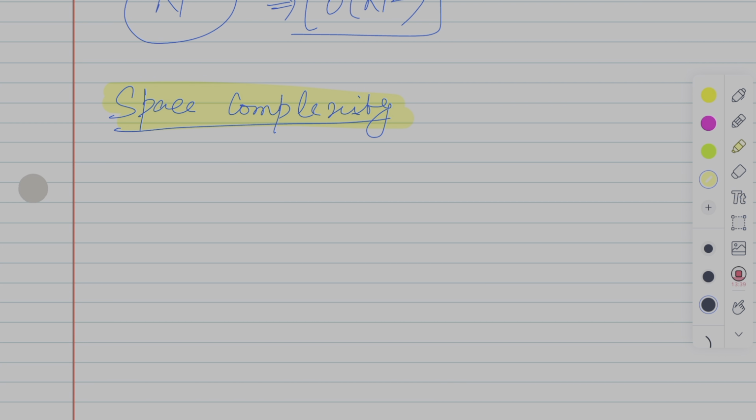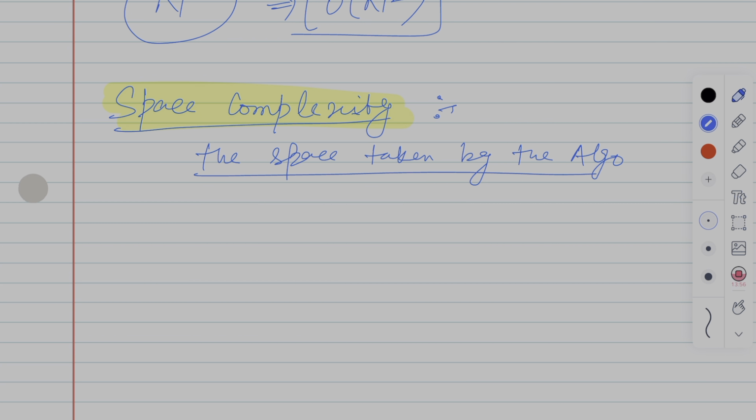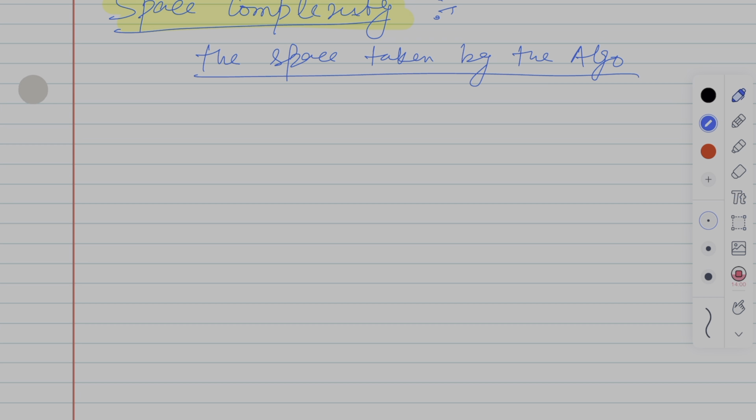So space complexity is defined as the extra space taken by the algorithm. For example, let's suppose I have an algorithm.